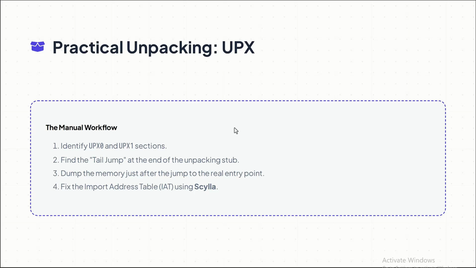Then you can find the tail jump at the end of the unpacking stub. Then you can dump the memory just after the jump to the real entry point, and you can use Scylla to fix the import address table, IAT.